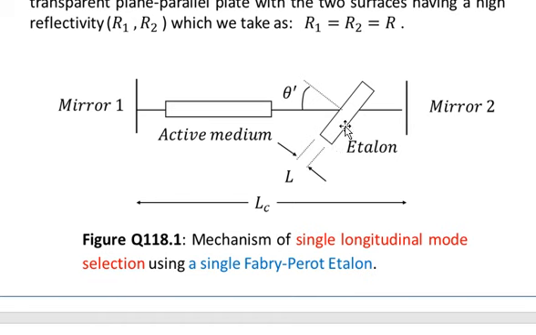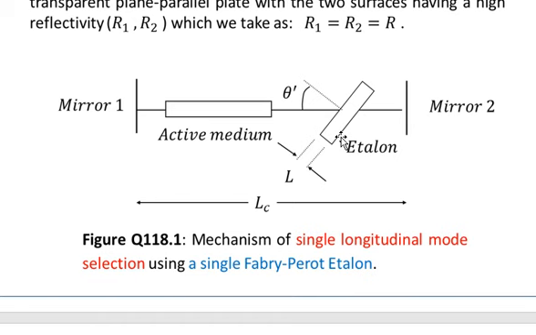And you see that I have shifted the Etalon, that is, the Etalon has been rotated, and the normal to the Etalon makes an angle theta prime with the horizontal axis of the resonator. So if you change the angle of rotation, you can select different longitudinal modes to be propagating within the laser resonator.